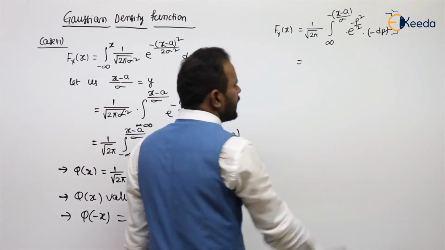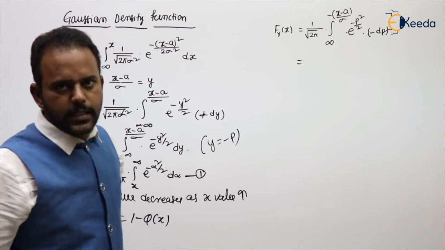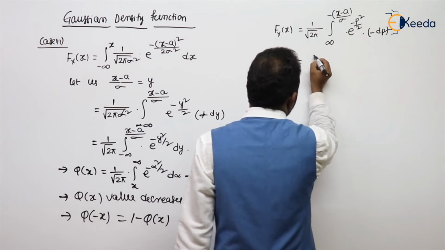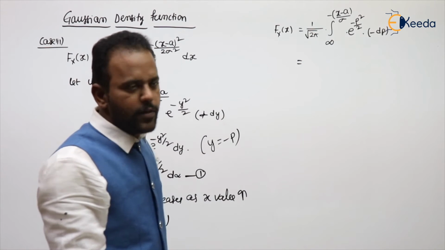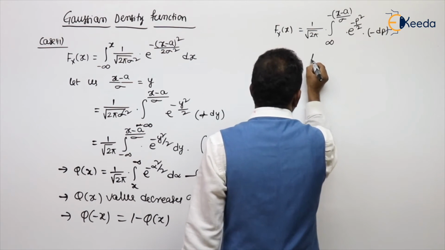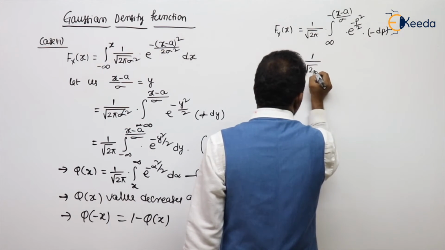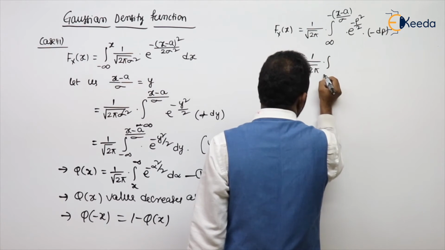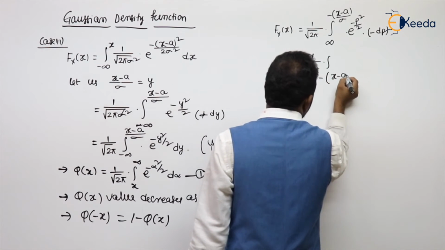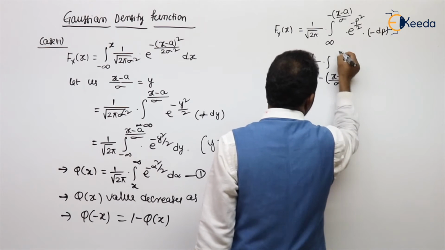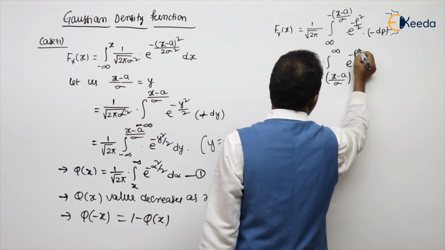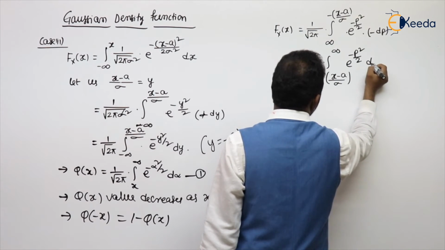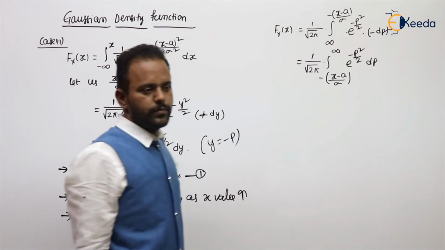To avoid that negative sign, I can interchange the limits. Because upper minus lower limit, if you write lower minus upper, the minus difference cancels that minus sign. 1 divided by root 2 pi into integral from minus of (x minus a) by sigma to infinity, exchange the limits, e power minus p square by 2 into dp.